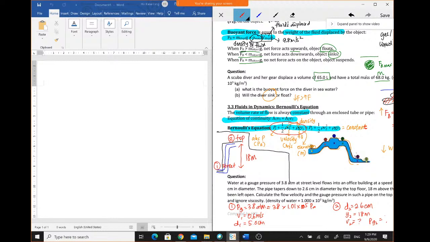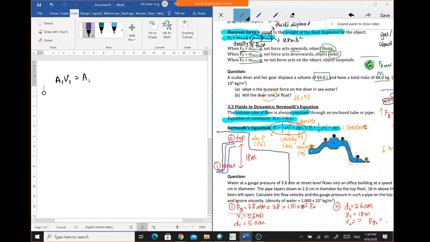So from here, in order to find the velocity at point 2, we have to use the equation of continuity, right? A1 V1 equals A2 V2. The area in position 1 is pi r squared, right?